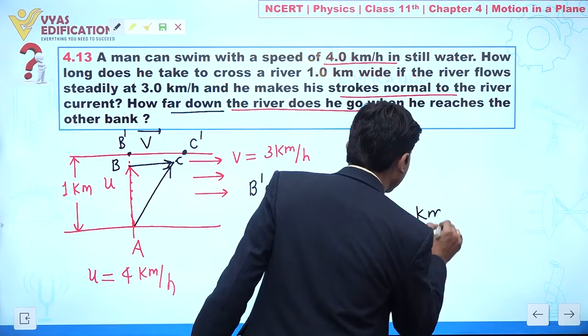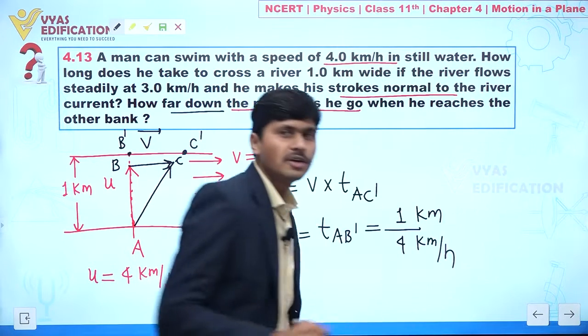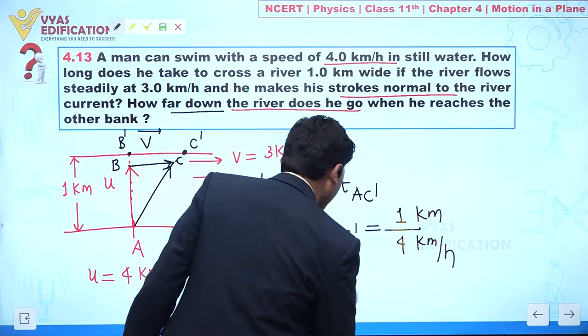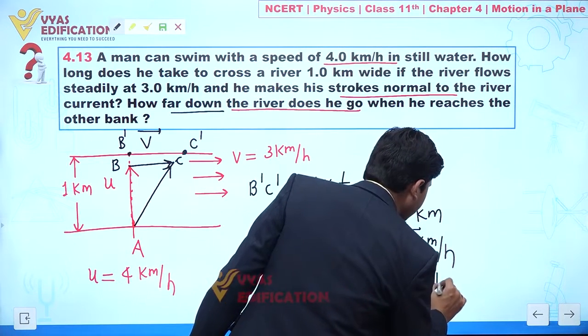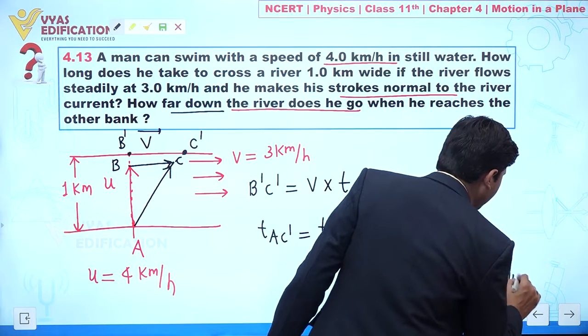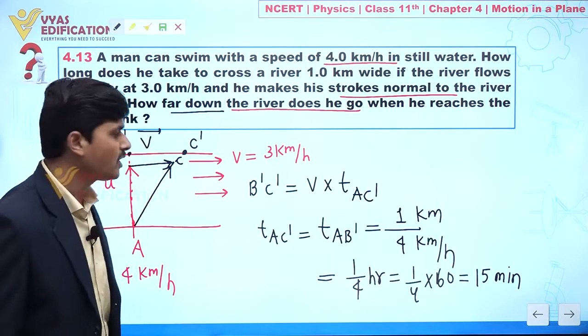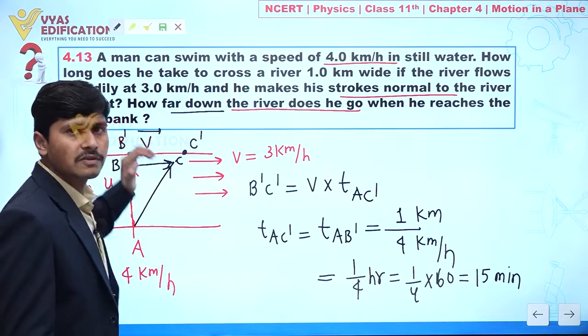So this is 1 km and this is given to you as 4 km per hour. Clear? So from here you can write this is equal to 1 by 4 hour, and if you multiply this hour by 60 minutes, this is equal to 15 minutes. Clear to everyone? So the total time taken by the man to cross this river is 15 minutes.